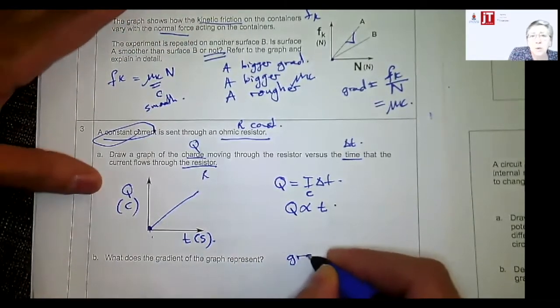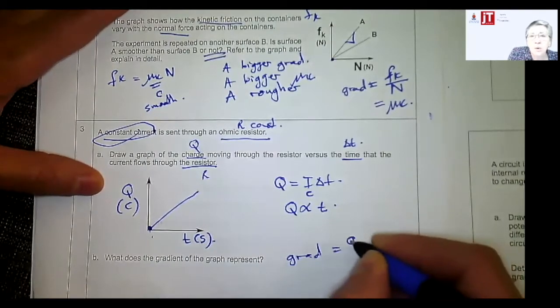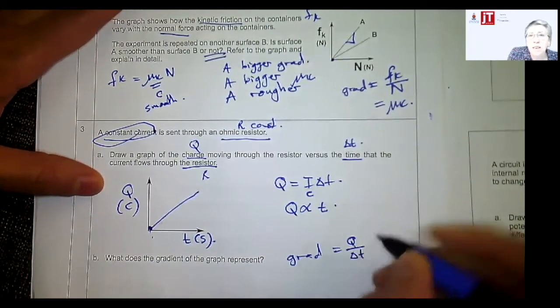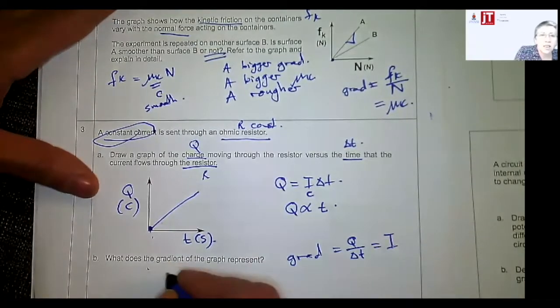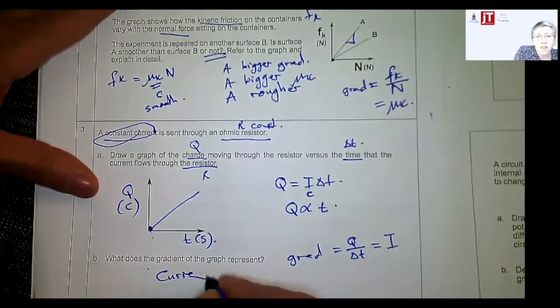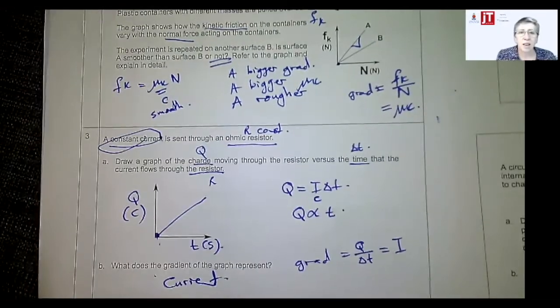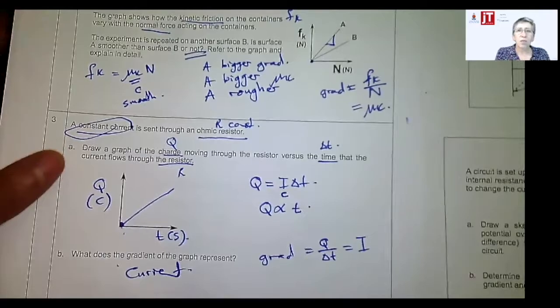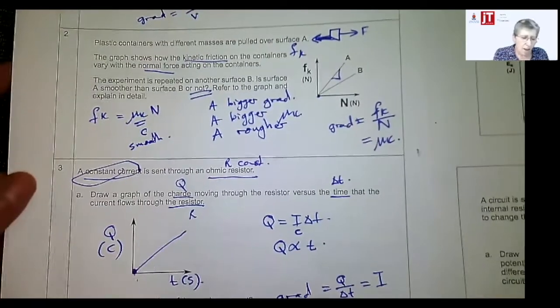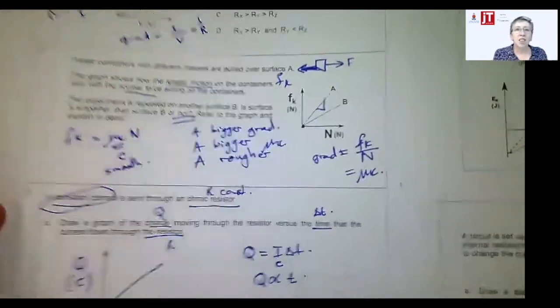And the gradient will be something Q divided by something T. And what is Q divided by T? That is current, right? So the current is represented by the gradient of that graph. I hope everyone is happy. That is just how I use it.